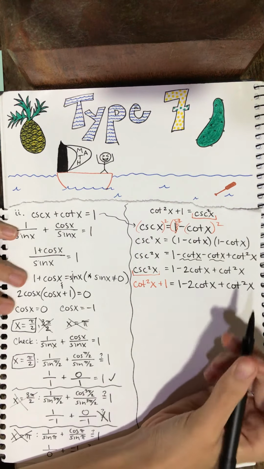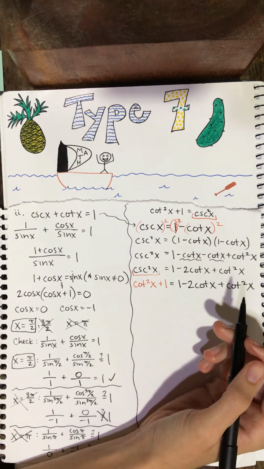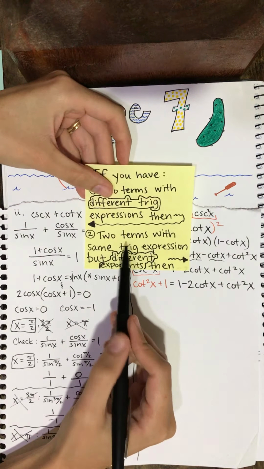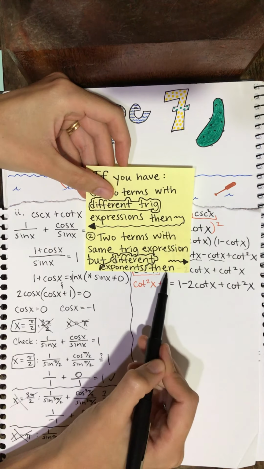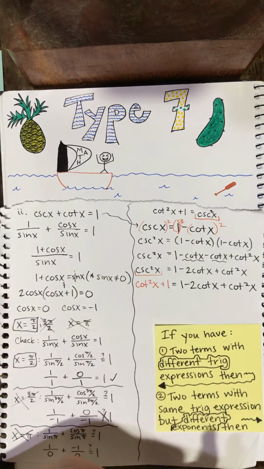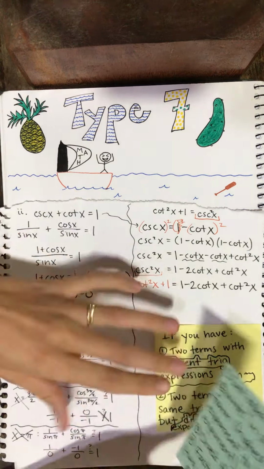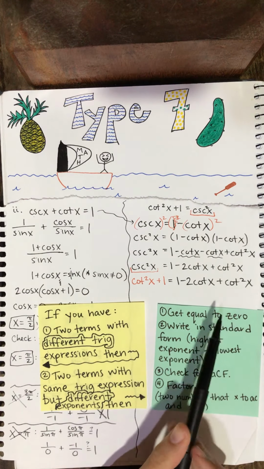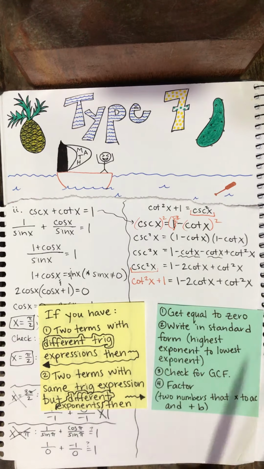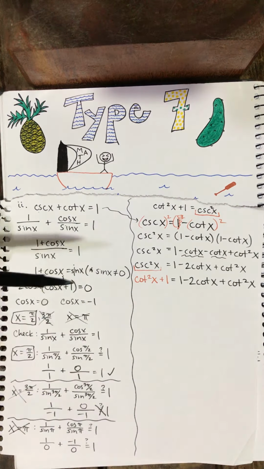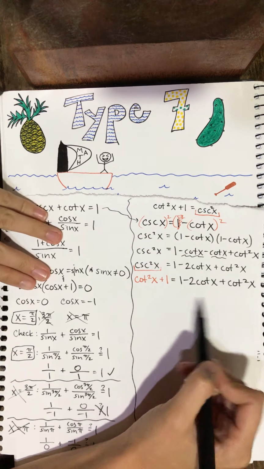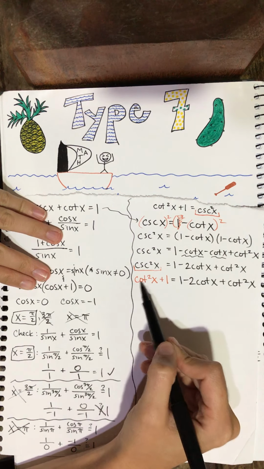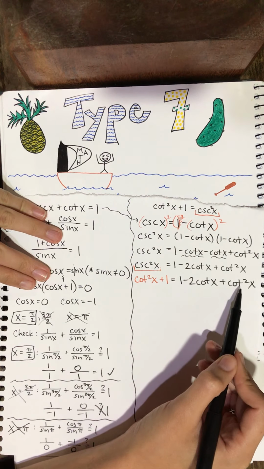Now what I have is the same trig expression, but different exponents. So now I can follow the rules for factoring. I need to get it equal to 0, so I'm going to pass everything to be on the same side. I'm going to do minus cotangent squared, but here it's positive, so cotangent squared minus cotangent squared will be 0.